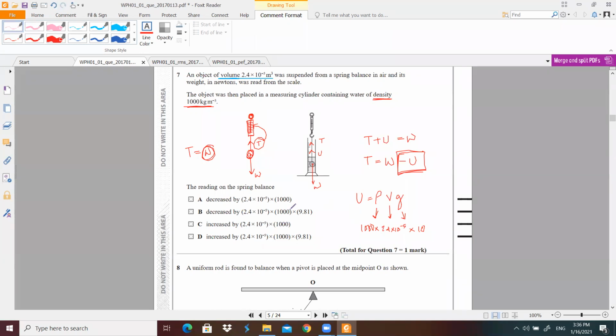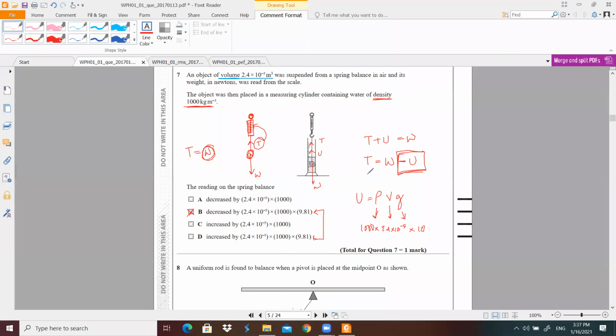So 2.4 times 1000 times 9.81. So I have two possible leads between B and D. But check this out. If you look at the equation, it's a subtraction, meaning it cannot increase. It has to decrease by this amount. So the answer for 7 should be B.